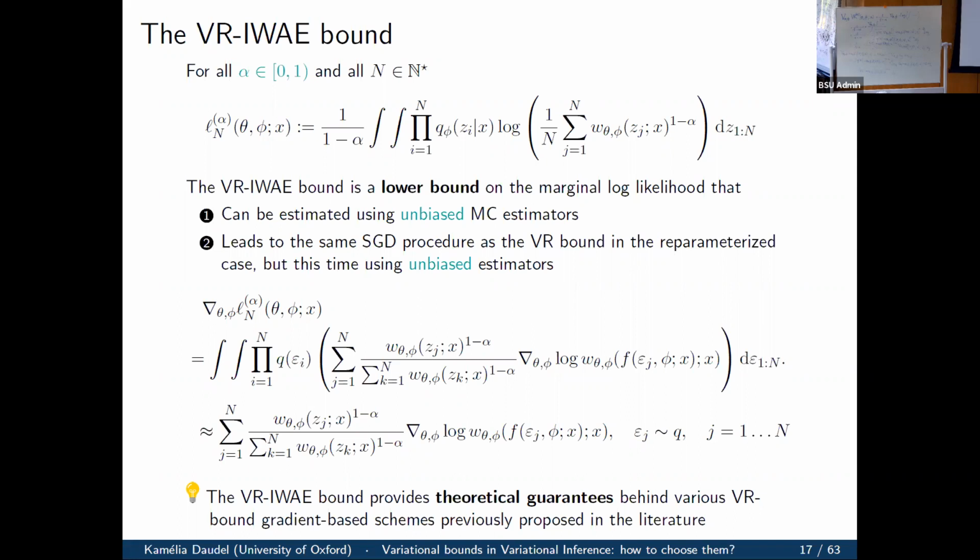And the VR bound is a lower bound in that range. So there's nothing too special. You're using that the VR bound is a lower bound to the log likelihood. If you want to do it yourself, just try to find the VR bound from this one. It shouldn't be too hard, just a Jensen, I reckon. So you put this term inside there, and this should be your variational Rényi bound.